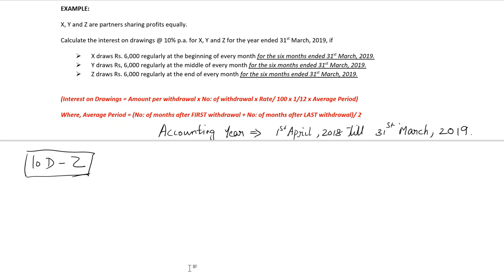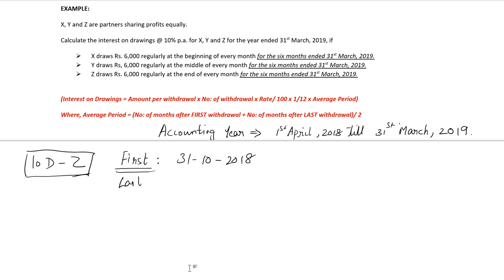Z draws rupees 6,000 regularly at the end of every month for the 6 months ended 31st March 2019. First withdrawal, 31st October 2018.